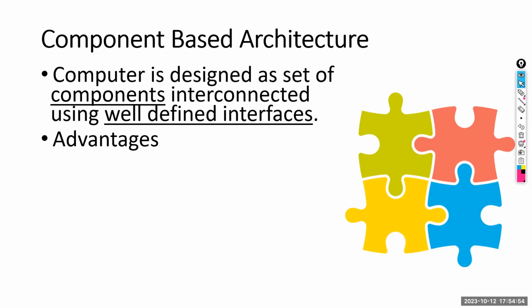So remember the advantages of component architecture: easy to upgrade, easy to manufacture. Different manufacturers can develop and manufacture different components. Easy to troubleshoot, easy to replace. That is why when you have issues with computers, sometimes you don't have to leave it there. If it is a radio or television, they will ask you to keep it and say, I will have a look at it. But with a computer, most of the time they will say, okay, just wait 10 minutes, I will tell you the issue.